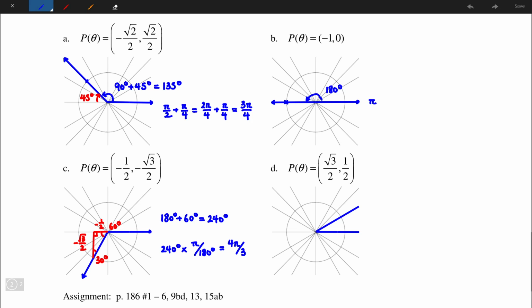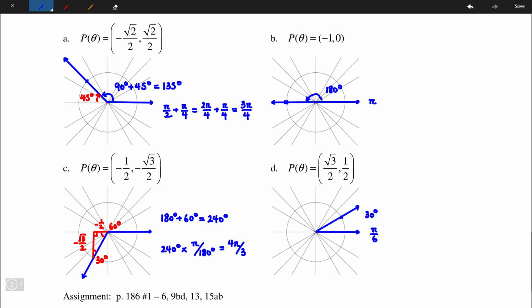And we know that it's going to be the 30, 60, 90 triangle once again, because root 3 over 2 and 1/2 are the numbers for that triangle. So this is simply going to give us the angle of 30 degrees, or pi over 6.